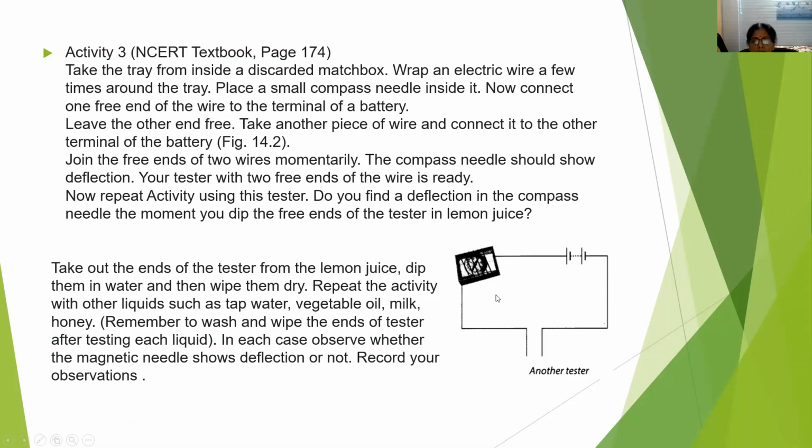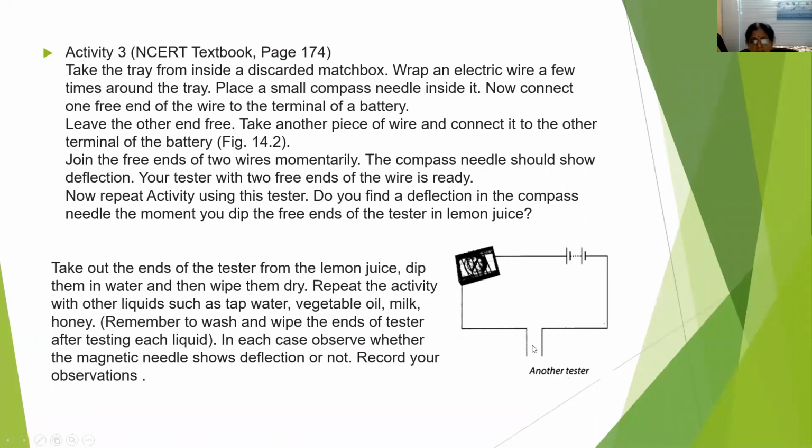Yes. Now if you remove the free ends of the tester from the lemon juice, clean them with water and wipe them dry, and repeat the activity with other liquids such as tap water, vegetable oil, milk, honey, etc. While we do the activity with other liquids, every time we have to wash and wipe the ends of the tester after testing each liquid.